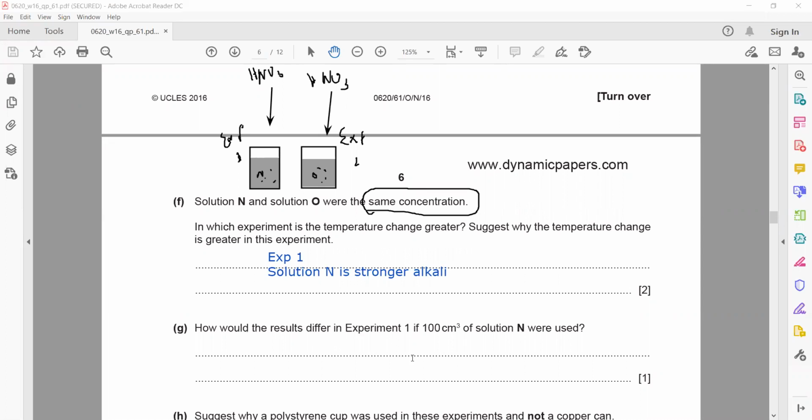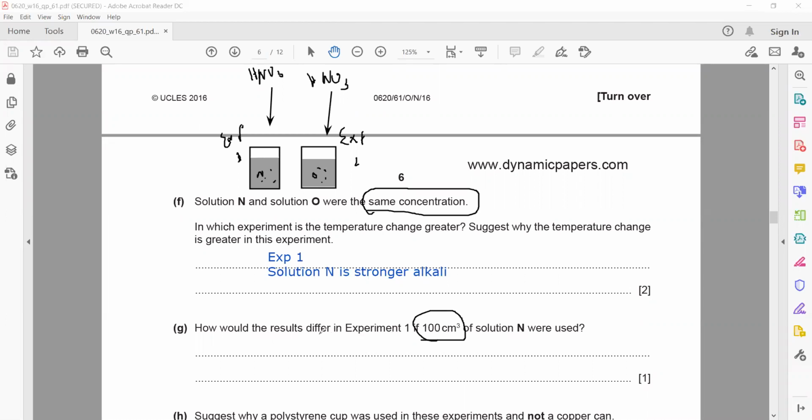How would the result differ in experiment 1 if 100 cm cube of solution N is used? We are using more volume but with the same concentration. So what will happen to the temperature change? If you use a larger volume, no, we are using the same concentration but larger volume.